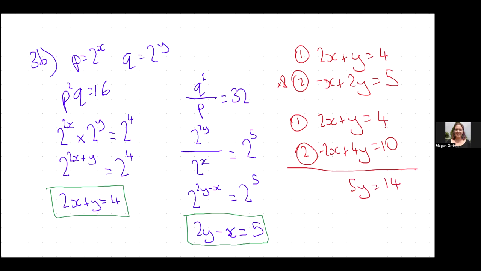So what have I done wrong? 2x plus y equals 4, 2y minus x equals 5. Ah, that's not what I had before. Did I copy it down wrong? 2 to the power of, oh, I've got these two backwards, don't I? This is q squared. Oh, no, I don't.